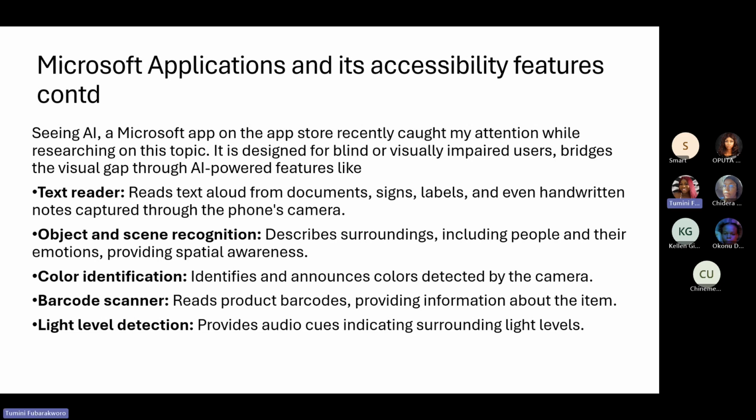It reads text, it recognizes scenes and objects, it can describe your surroundings, including people and their emotions, and it provides spatial awareness. It also identifies colors using the camera, scans barcodes, and detects light, providing audio cues indicating surrounding light levels.